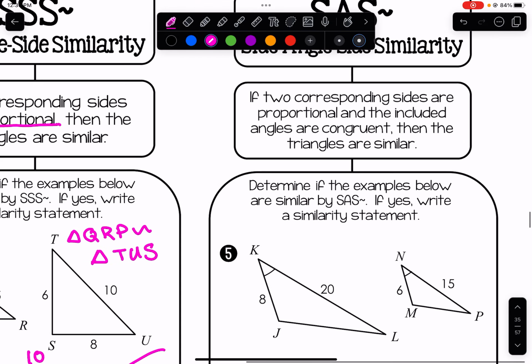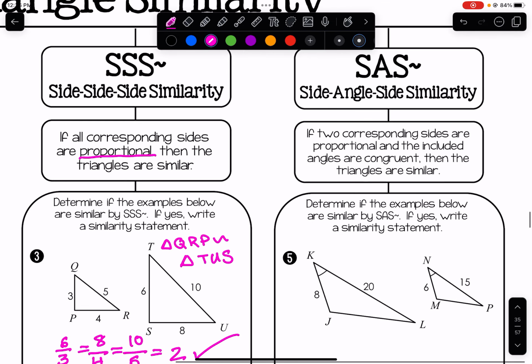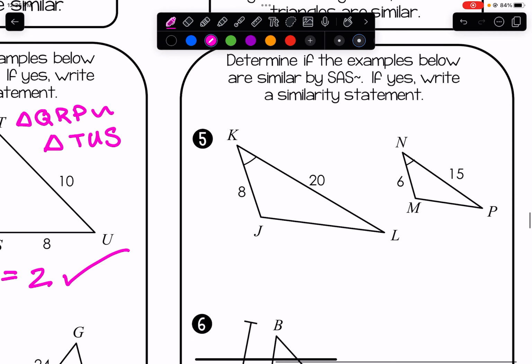Now the final way that we can prove that triangles are similar is side angle side. So if you have one angle that is congruent, you can say that the triangles are similar if the sides on either side of that angle are proportional. So if we look here, I have my angle. Now I have to check my sides.